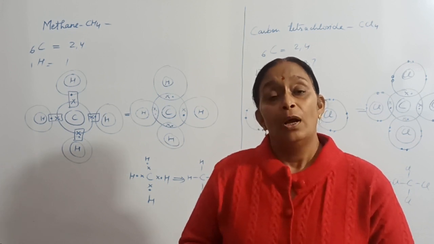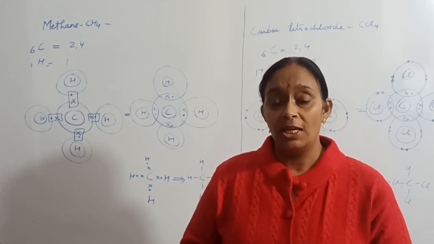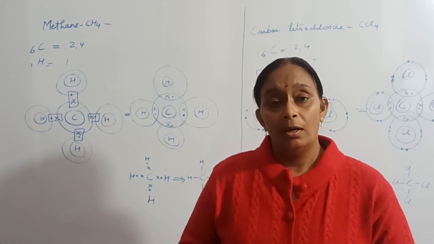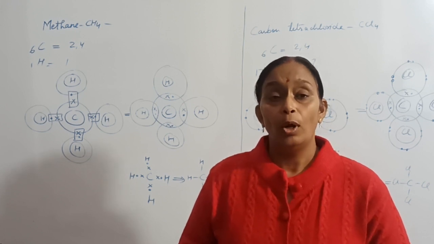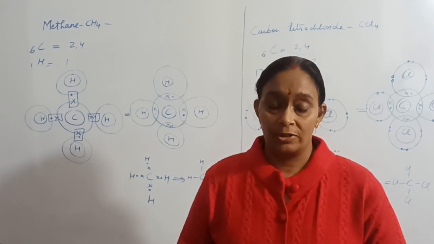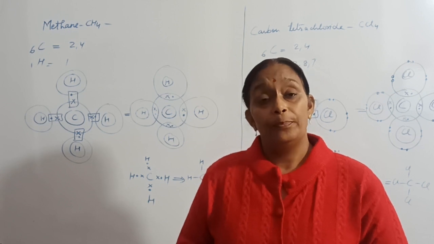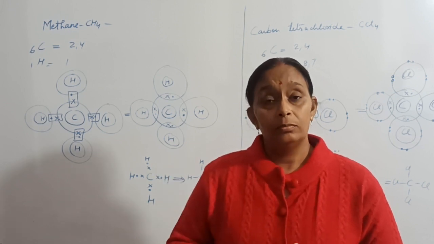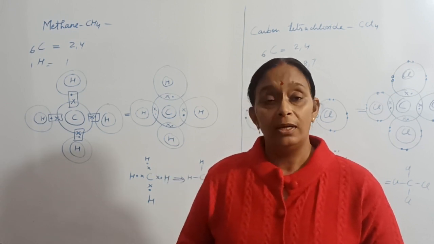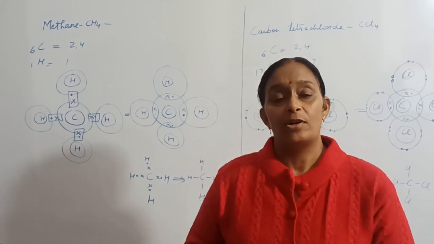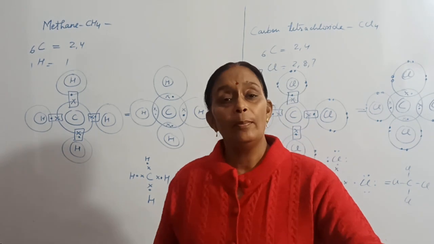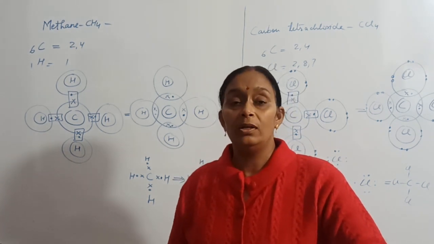So polar covalent compounds can conduct electricity, while non-polar ones cannot. The melting and boiling points of covalent compounds are also low, because again they have weaker forces of attraction. So this is all about the characteristics of ionic and covalent compounds.